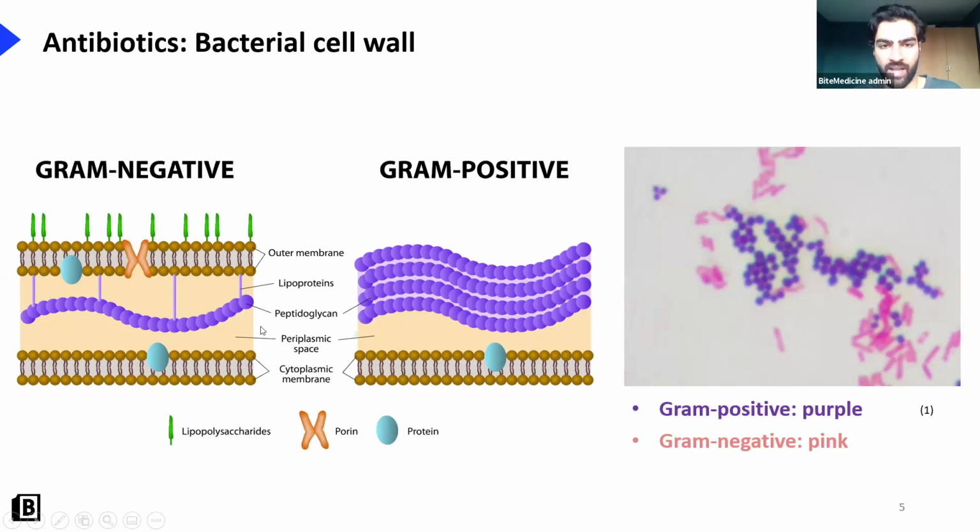Just to go over that, the thick cell wall holds onto the gram stain, which is purple, and therefore these bacteria with the thick cell wall appear purple under the microscope, and that's referred to as gram positive. The bacteria which only have that outer cell membrane do not retain the purple stain, and they are called gram negative, and they appear pink under the microscope.